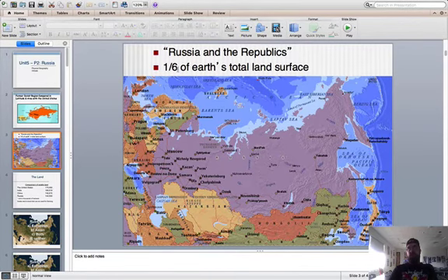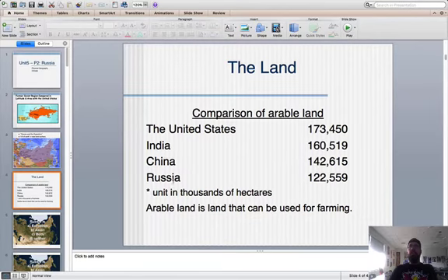As I was mentioning already, it covers a sixth of the total land surface on Earth. So as you can see, it's absolutely huge, going from Europe all the way across Asia, bordering Japan and China and Mongolia.